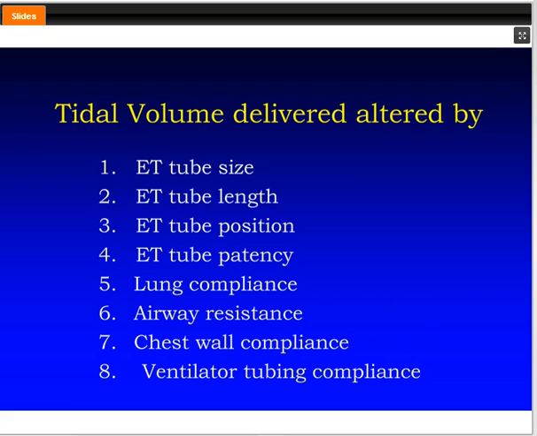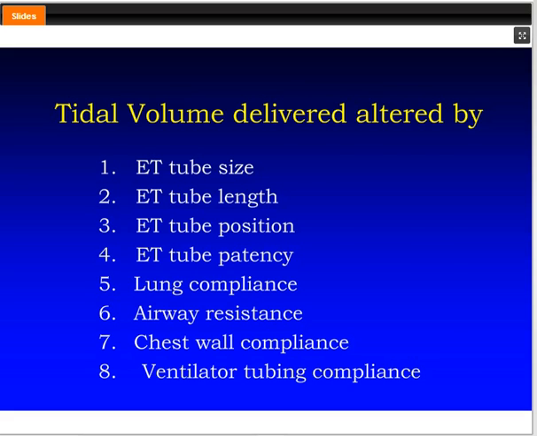And so you're converting a 3.5 ET tube to a 3.0, and your tidal volume will fall under those circumstances. Lung compliance, airway resistance, chest wall compliance all play a role. The tubing we use is not very compliant, but if you happen to supplement with a somewhat compliant tubing, that will alter tidal volume delivered also.